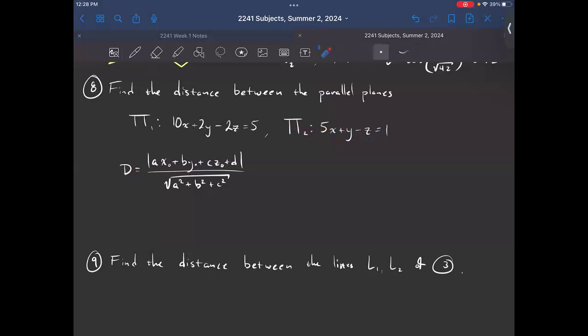And then the other plane is going to be there for us to sample a point from, and that will then give us a point to plug in for x0, y0, z0. All right, so how do we do this?